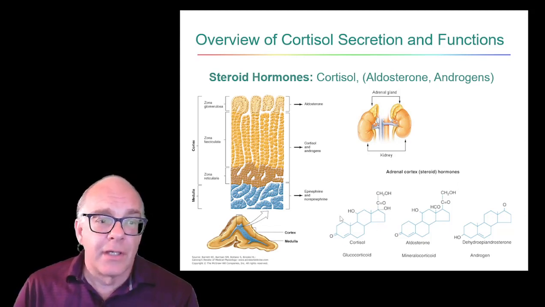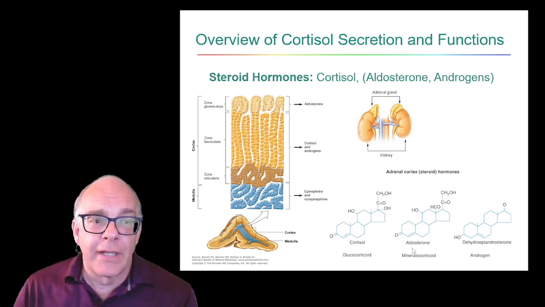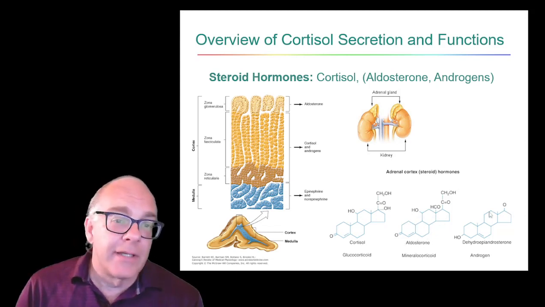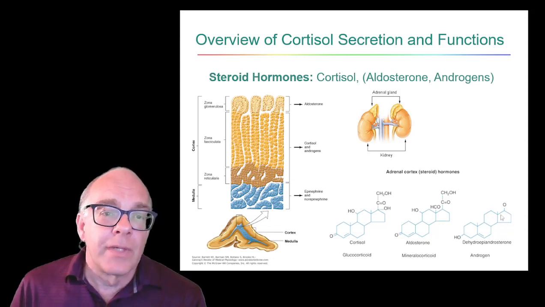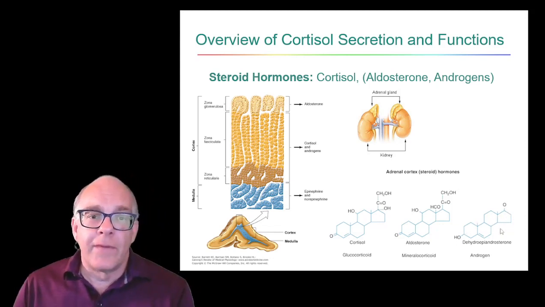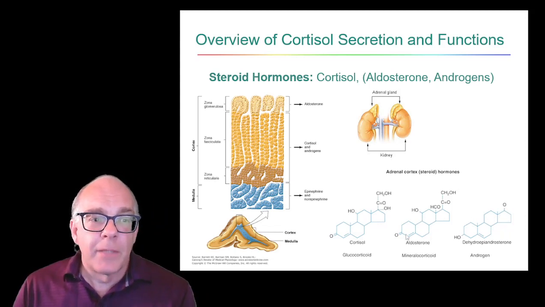So in this case, we've got cortisol over here on the left, aldosterone, another steroid hormone, as well as an androgen over here, dihydroepiandrosterone. And you can see they all have the basic cholesterol ring structure, but then we have alterations in the functional groups.